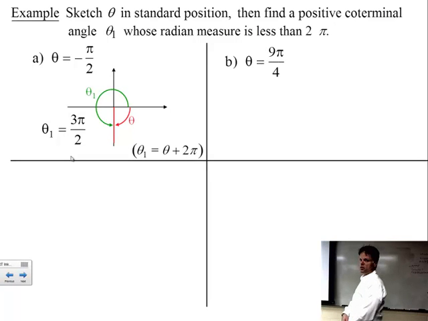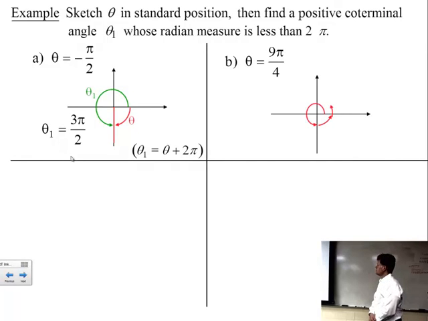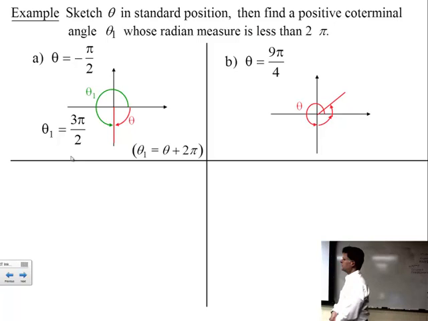9 pi over 4. Let's graph it. So one revolution is 2 pi, which is 8 pi over 4. And then you go another pi over 4, which chops that first quadrant in half. So what's coterminal with it?